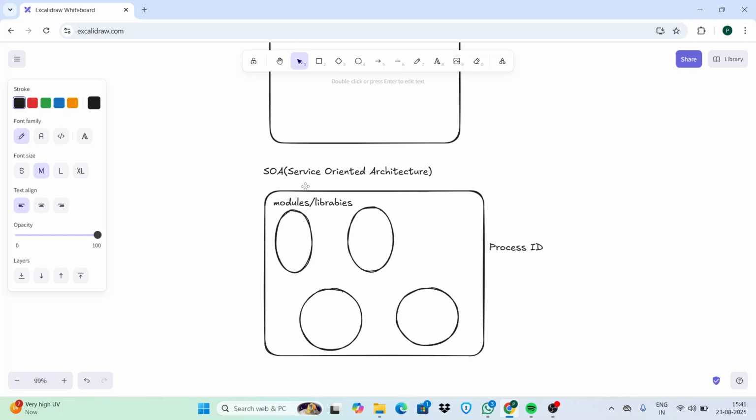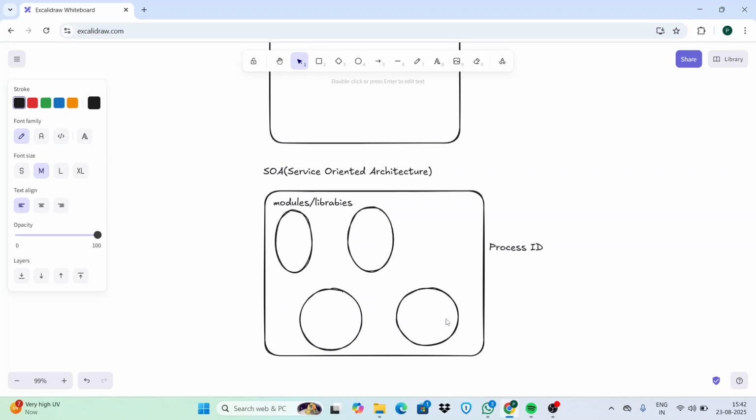In SOA, if a bug occurs, it is easy for the developer to find that bug, because the code is divided into a number of pieces and modules, so it is easy to find the bug and solve the issue.